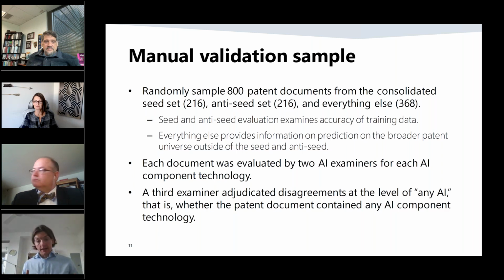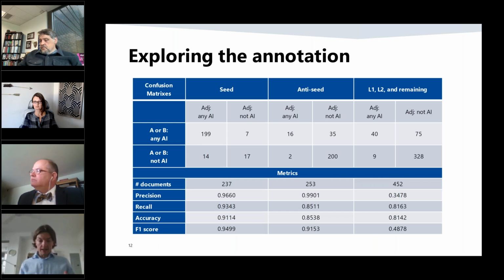So when people disagreed, we had a third adjudicating patent examiner. If they sided with this person, then that's what we ended up saying it was. But the interesting part is, because we had 2 patent examiners for each document, you can basically use their disagreements to evaluate how hard the problem is.